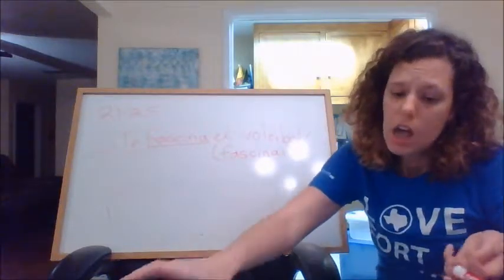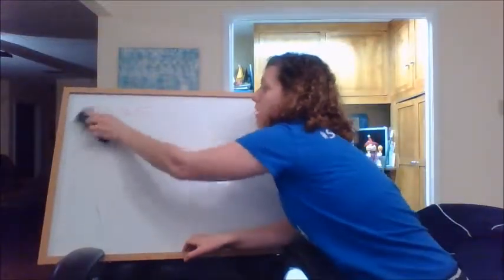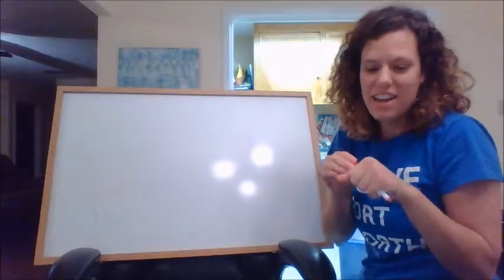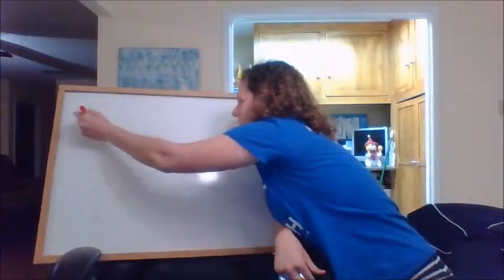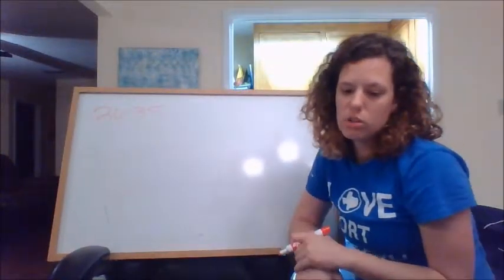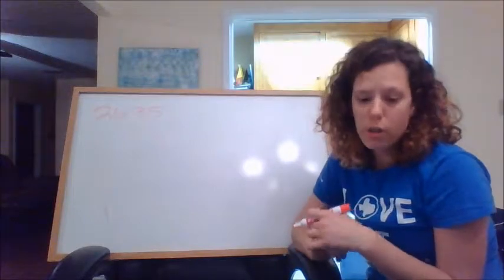Okay? Part 5 is 26 to 35, and it is translations. Just kidding. It's not that many. 26 to 35 is true or false. So it's kind of translation, but it's true or false.